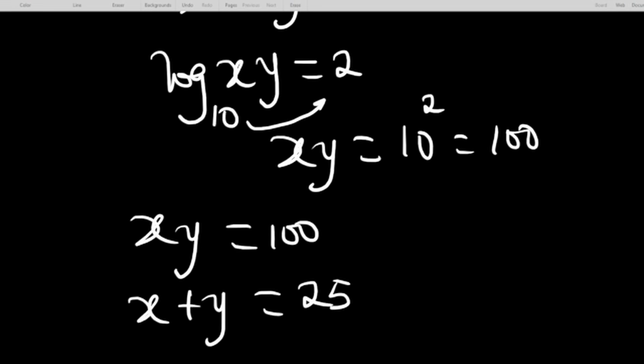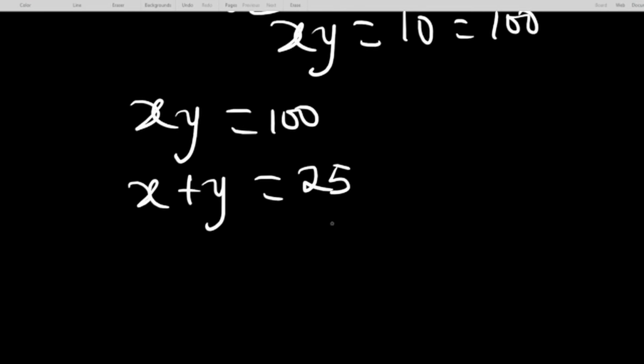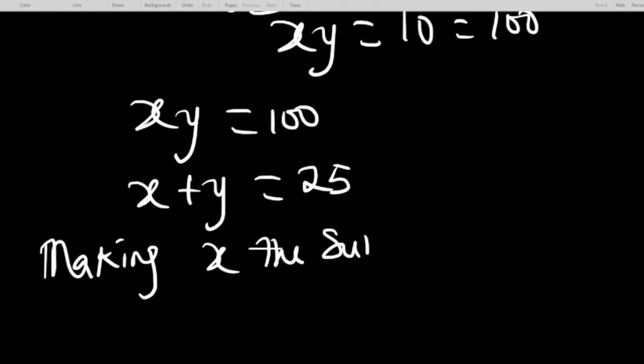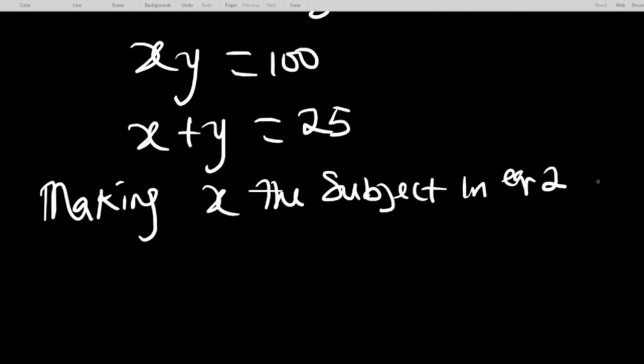Okay, so how do we find the values of x and y in this case? We can simply make x the subject in equation 2, and then we substitute. So I'm going to make x the subject in equation 2, and then use the substitution method to solve these equations.